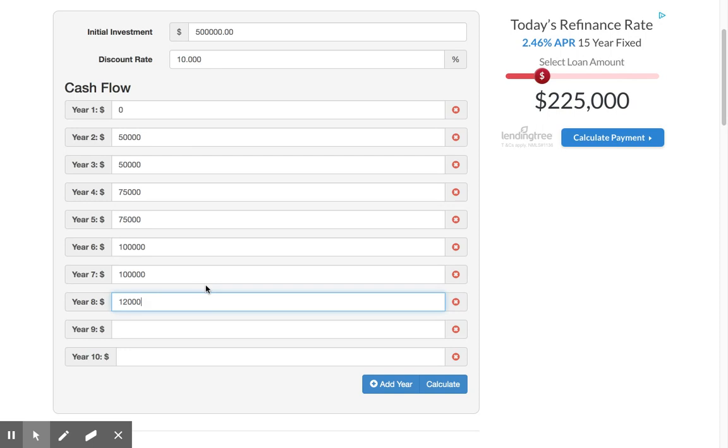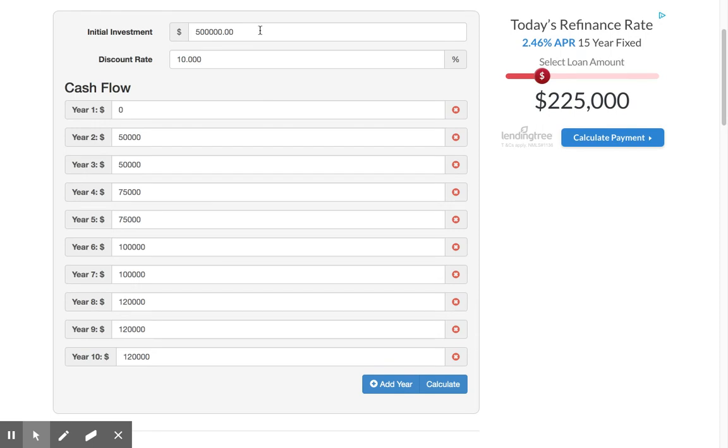Then we bump up to 120, and then 120, and 120. Okay, so over a 10-year period, these are our cash flows.